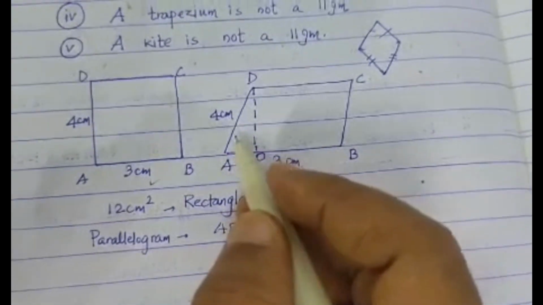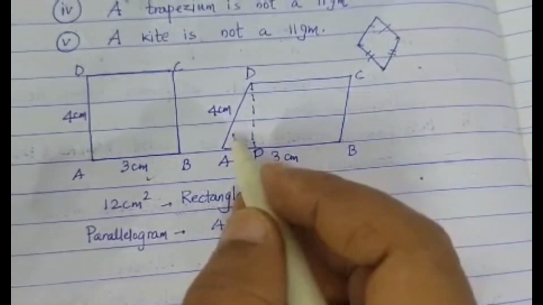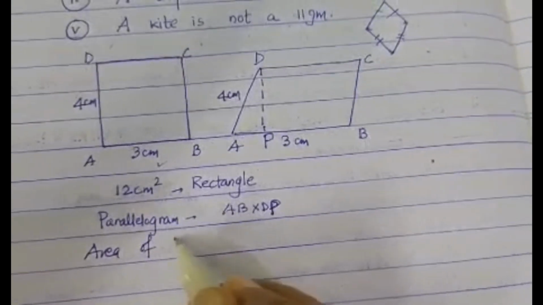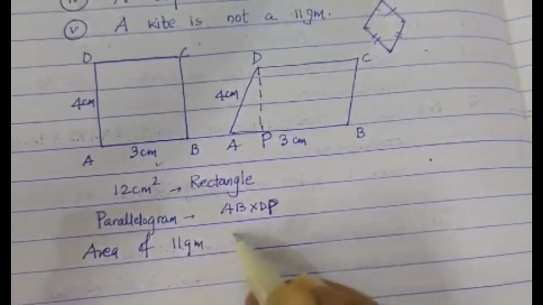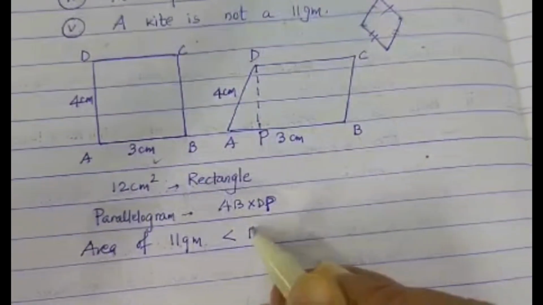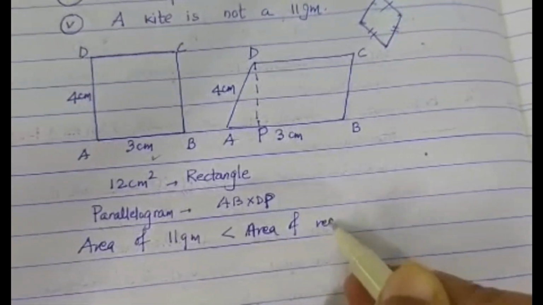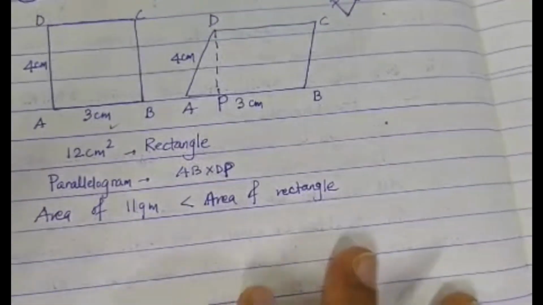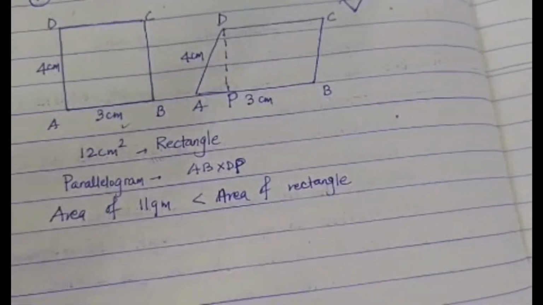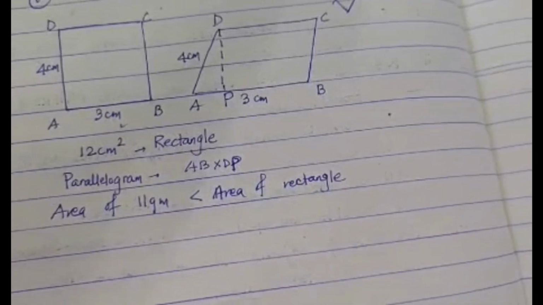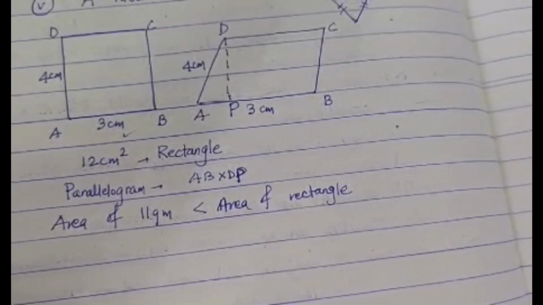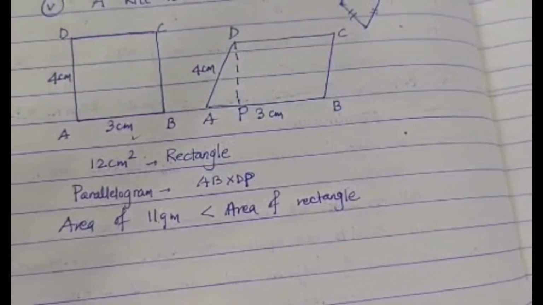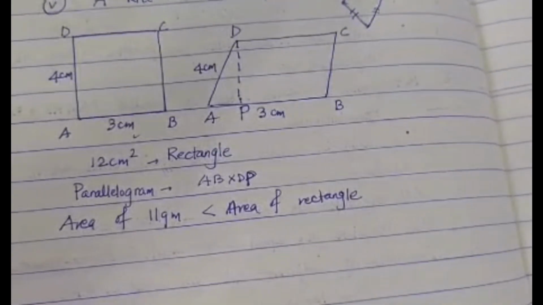That is why the area of a parallelogram is less than the area of a rectangle. The area of the parallelogram is DP multiplied by AB, which is always less than the area of the rectangle, that is AB multiplied by AD or AB multiplied by BC.